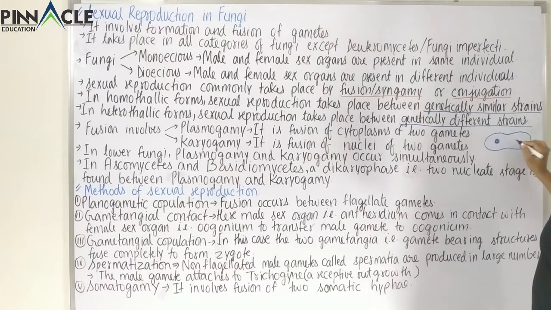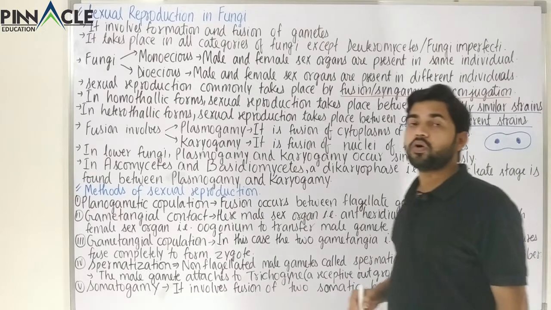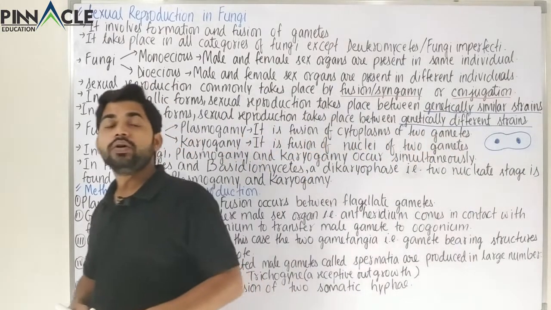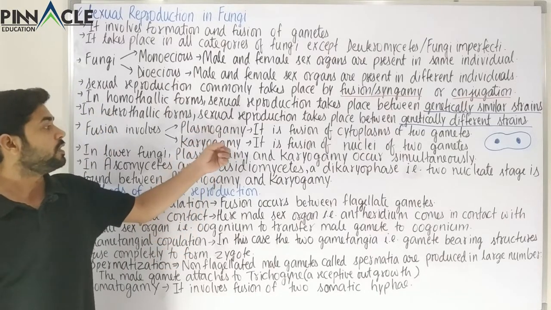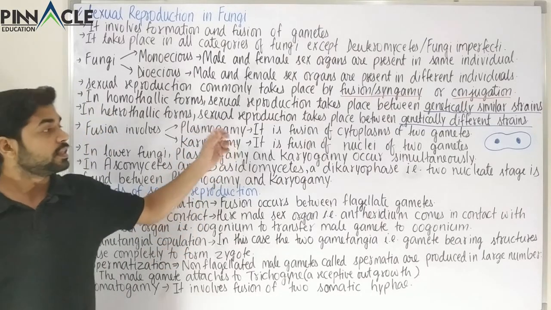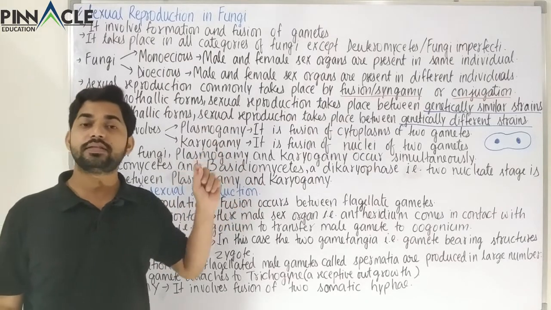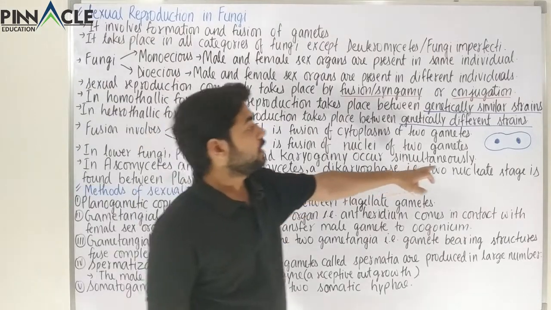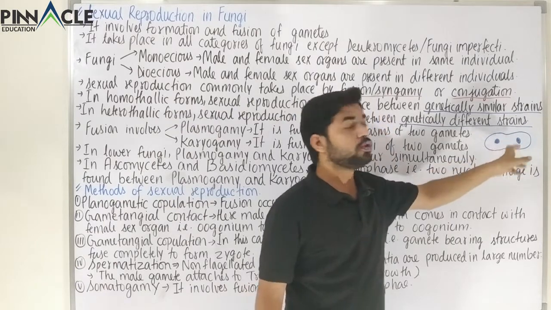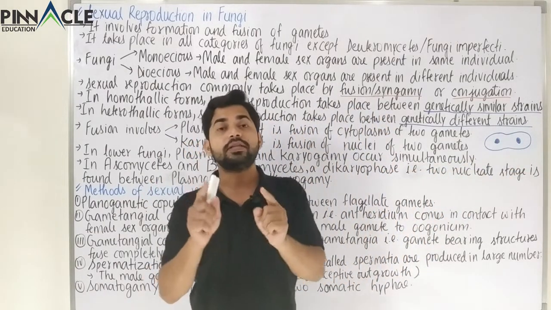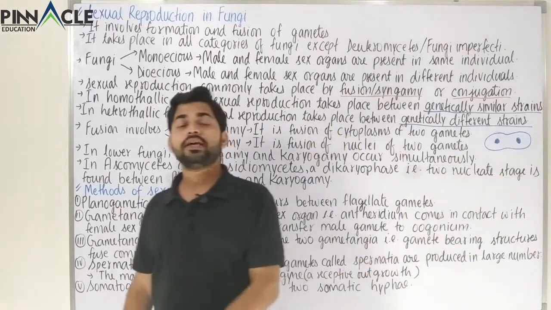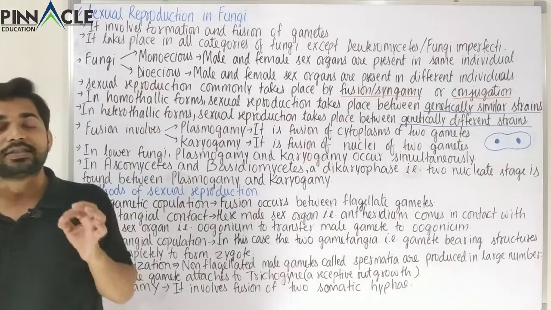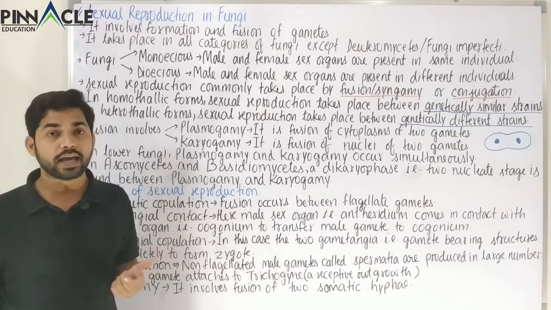But there will be the two nucleate stage for a certain time. This is called dikaryophase. So in the case of phycomycetes, just after plasmogamy, karyogamy occurs. But in the case of ascomycetes and basidiomycetes, this two nucleate stage, although the two cells have become one, the two nuclei have not become one. So one and two nuclei are over there, and this two nucleate stage is called dikaryophase.